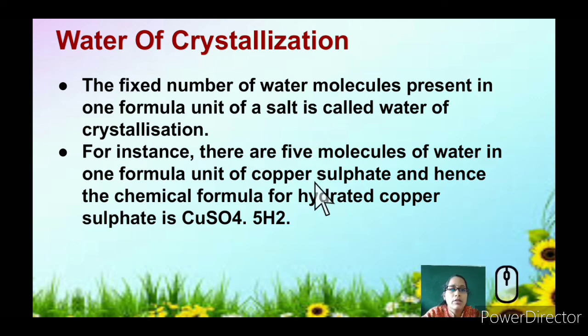So for example, let us understand there are 5 molecules of water in one formula unit of copper sulfate. So what does this formula say? The formula is hydrated copper sulfate.